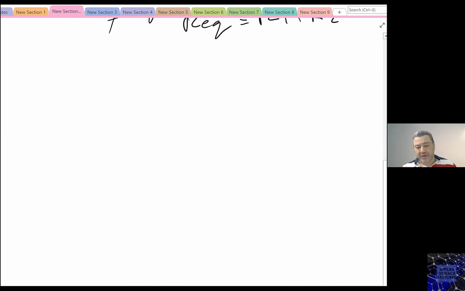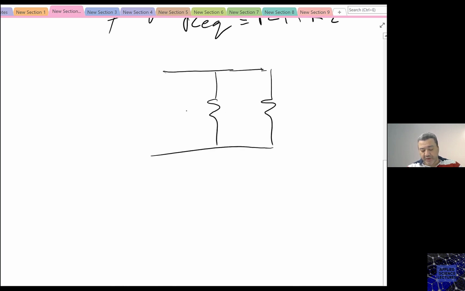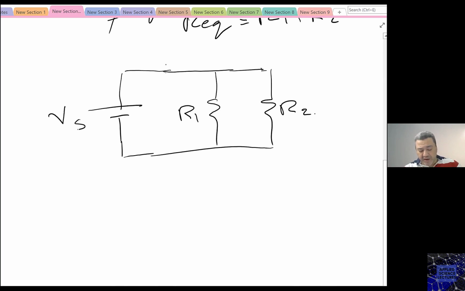What about the case of resistors that are in parallel? In this case, let's take a circuit that has two resistors connected in parallel, again R1 and R2, connected to a voltage source, which is a battery in this case. Let me call this one Vs. Those are ideal wiring, which means the potential difference across the battery will be the same as the potential across R1 and across R2.